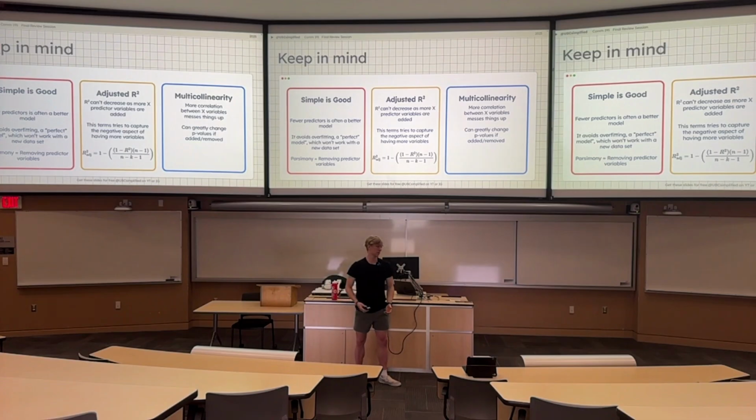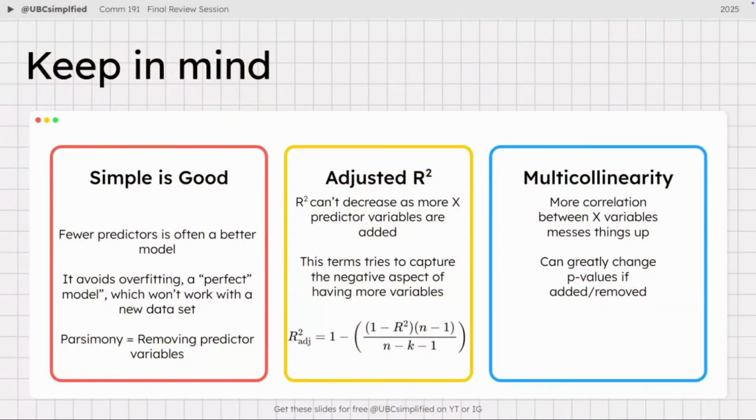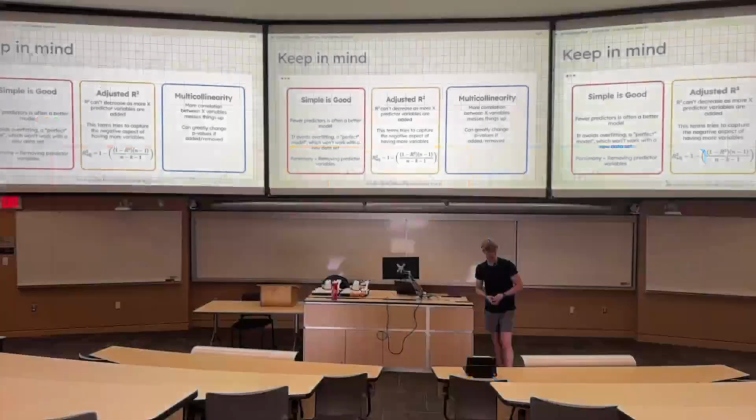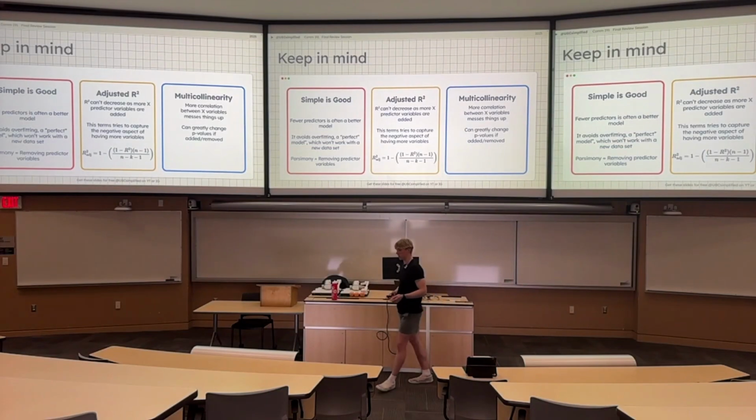We can try to capture this with the adjusted r squared, because as we add more predictor terms, r squared can't decrease. It can only stay the same or increase. So adjusted r squared adjusts for the negatives of adding more predictors, and gives you a more accurate reflection. There's a formula for how to calculate that you can refer back to.